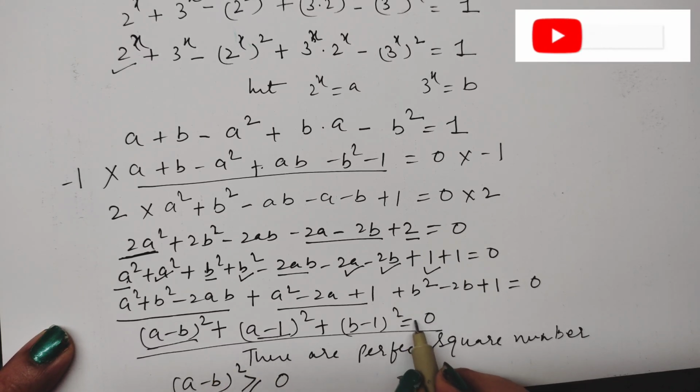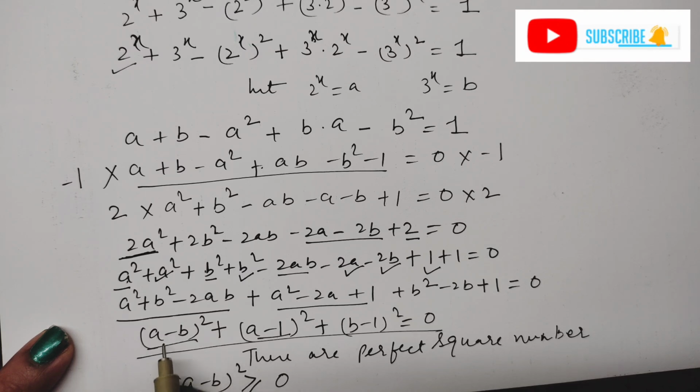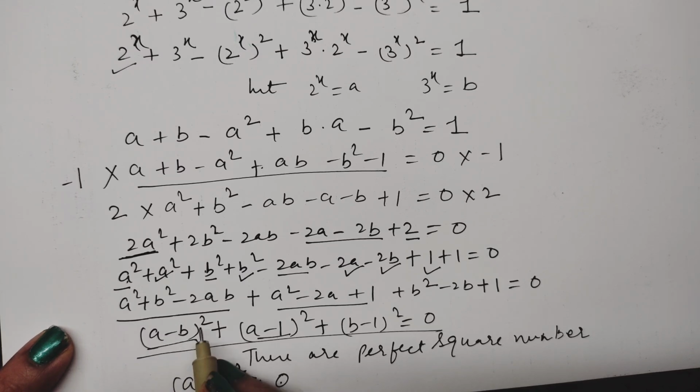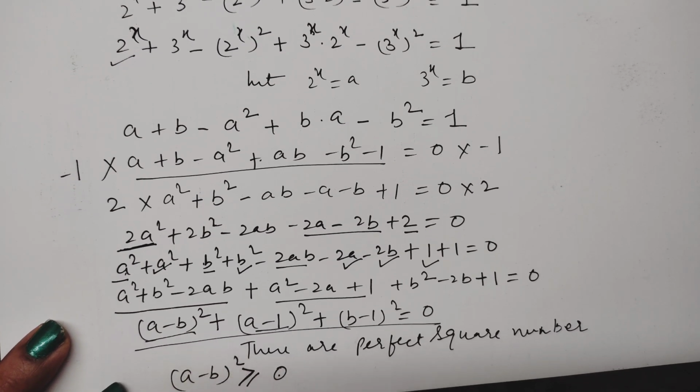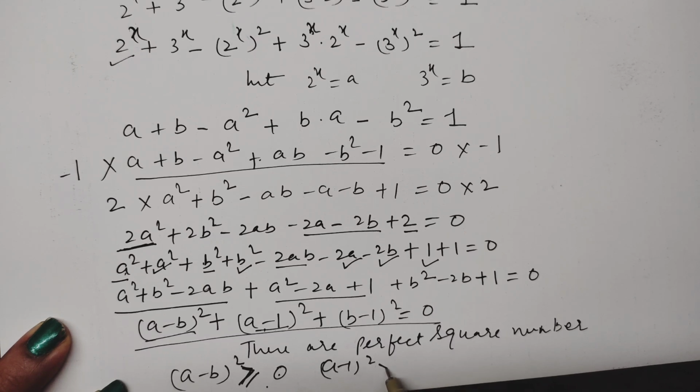Equal to 0 is here. This value is always greater than or equal to 0, because a square number always gives a positive value. This is also, and this one also, and this one also.